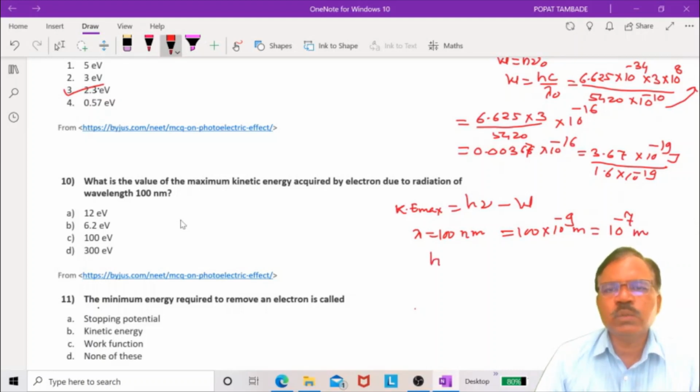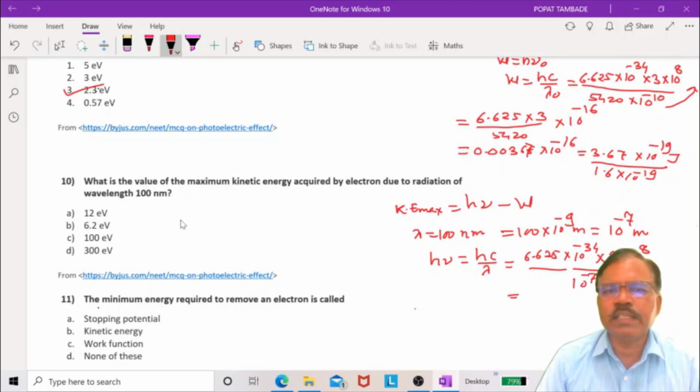So what is h nu? H nu is hc upon lambda. So we'll get 6.625 into 10 raised to minus 34 into 3 into 10 raised to 8 divided by 10 raised to minus 7.